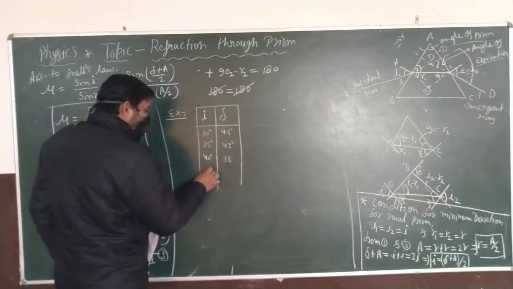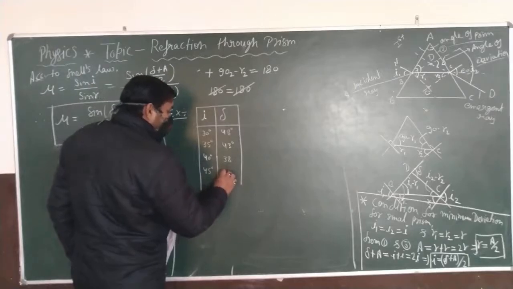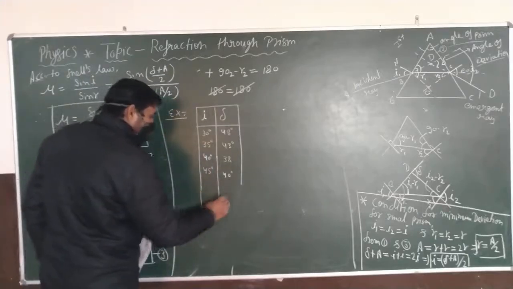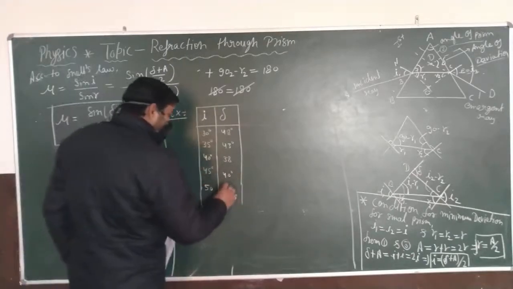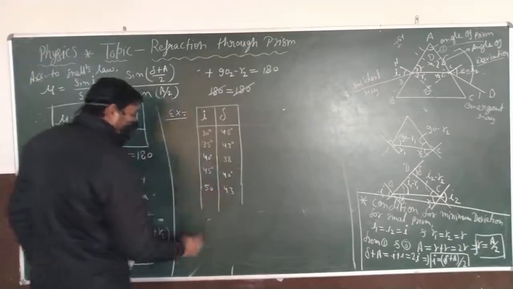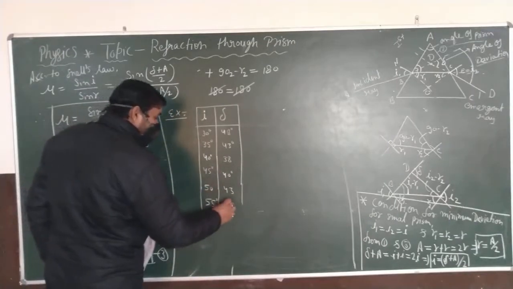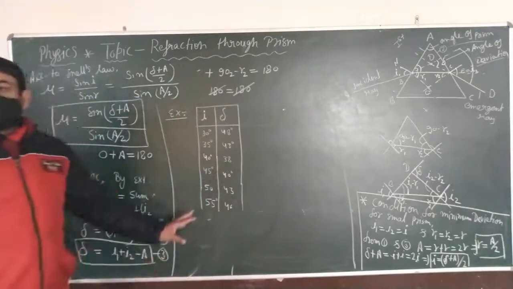For 45 degree, it is 40, and for 50 degree, it is 43, and 55 degree, it is 46, and so on.